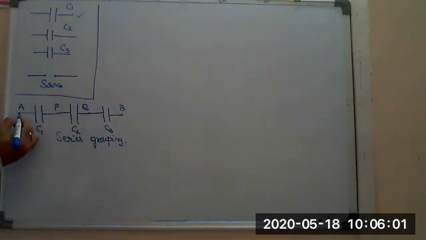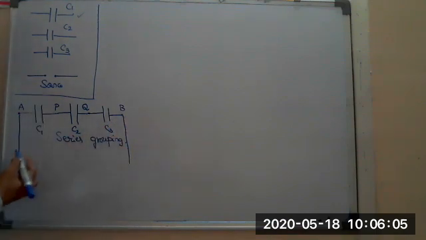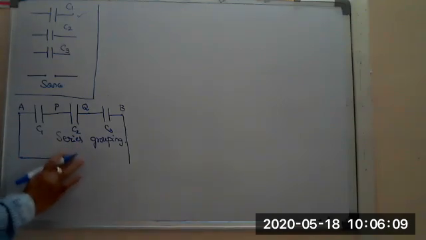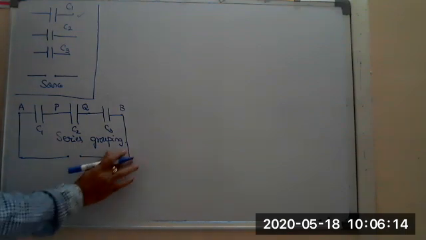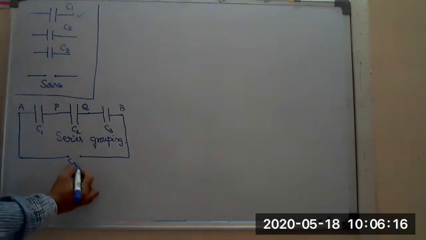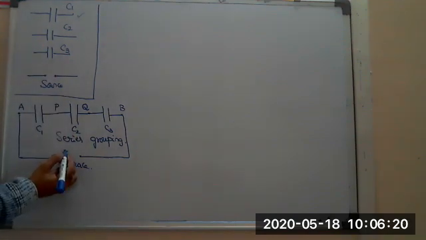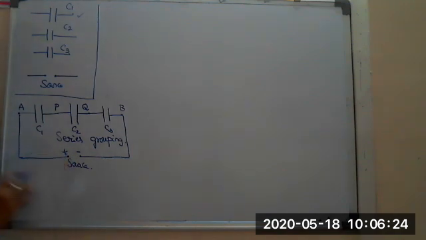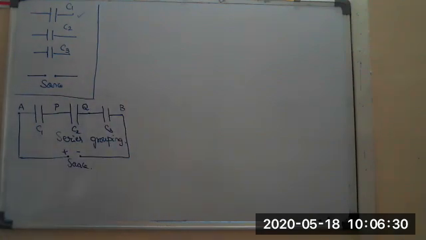Across these two free ends, I connect one source to charge. This is the source I'm taking. Suppose it has a positive terminal and the second one is the negative terminal. Immediately it supplies the charge, and the charge will be shared from one to the other like this.